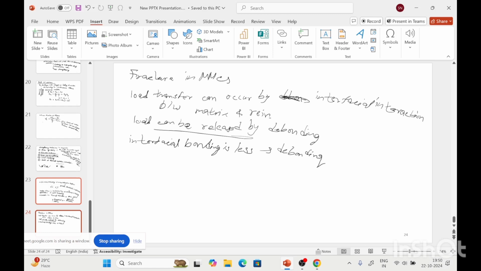And if it is strong, then large cracks will grow, and the growth will also be planar.